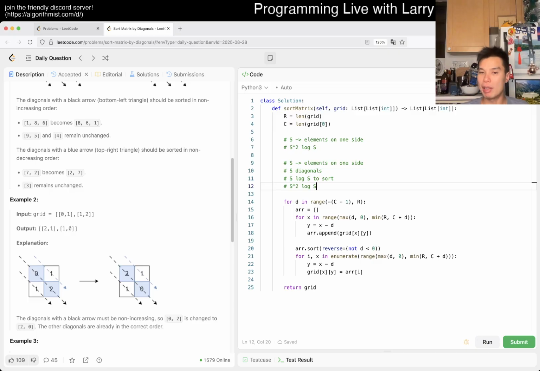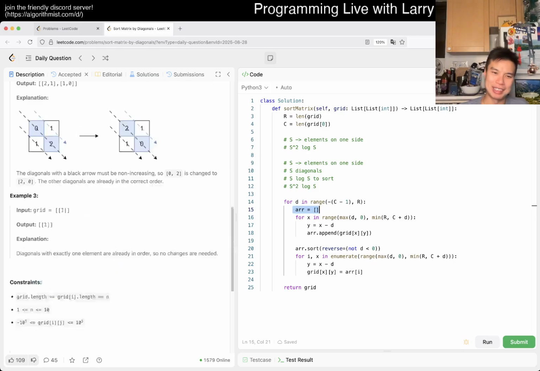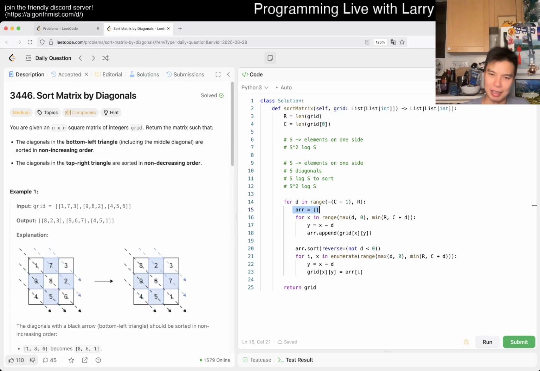The different part comes from peak memory usage, which is a little bit lower, because instead of having S squared elements in memory, you at most have O of S memory, which for bigger S may matter, right? But for S equal to 10, it obviously doesn't matter.